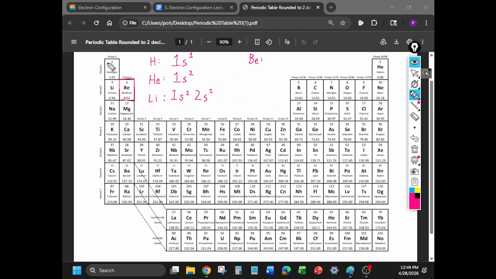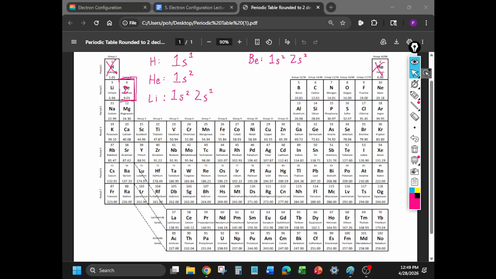To get to beryllium, we need to go through hydrogen and helium, so we're going to write 1s2, and then build on top of it. If you look at beryllium, what subshell is it in? S. So it's going to be 2s, and box number 2, so it'll be 2s2. So if you notice, we're just adding on to what we already have. The exponents are just going up.